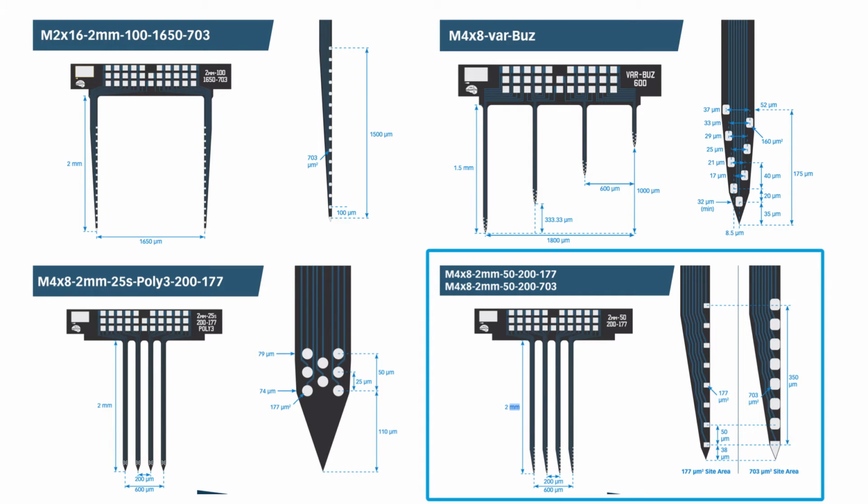I need higher signal to noise, so I want a higher impedance. Really what that translates to is your site size. So the impedance value per se doesn't give you a better signal amplitude. It's that the electrode size is smaller, so it's more localized in that electric field. If you have a larger contact, you're going to get more averaging of that signal across that contact.